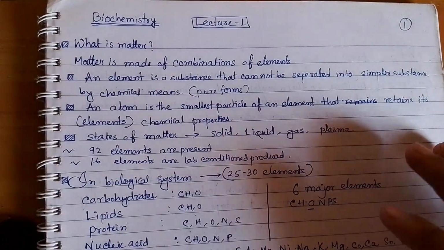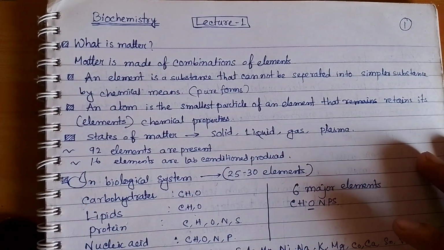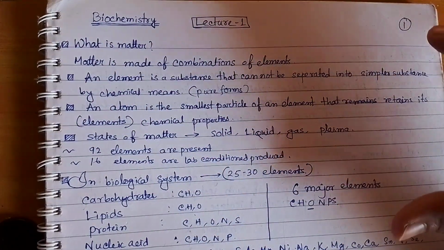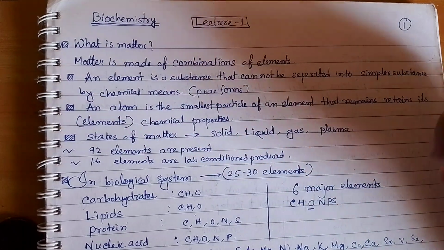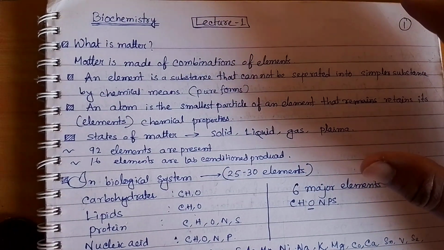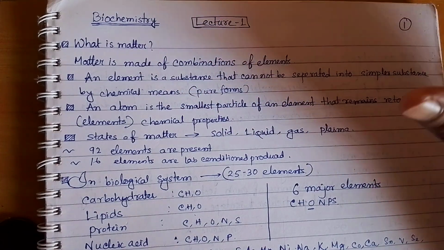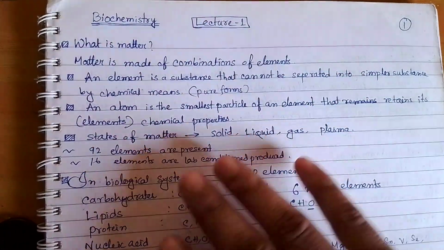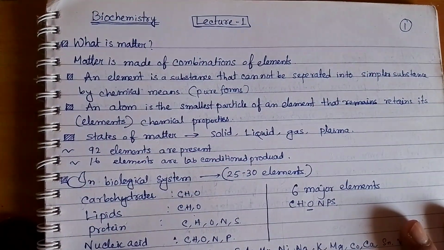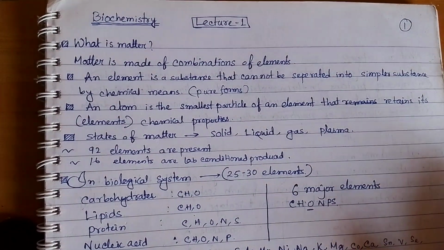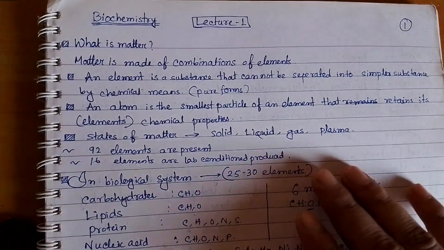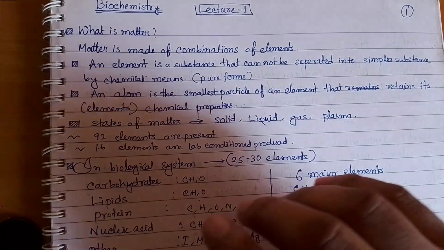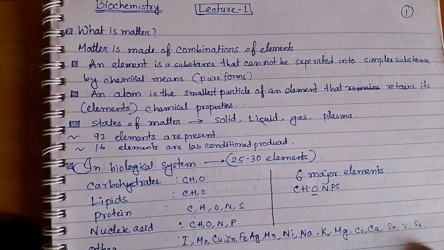An atom is the smallest particle of an element. In the primary sense you can think of it as the smallest particle of an element; when we discuss the advanced stage, other particles will come in. Matter exists in states: solid, liquid, gas, plasma or colloidal. In the note, the solid, liquid, gas and plasma are mentioned.